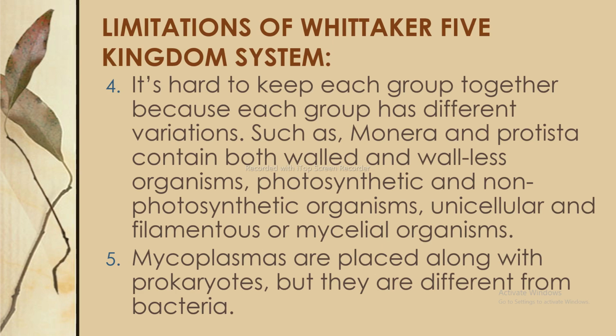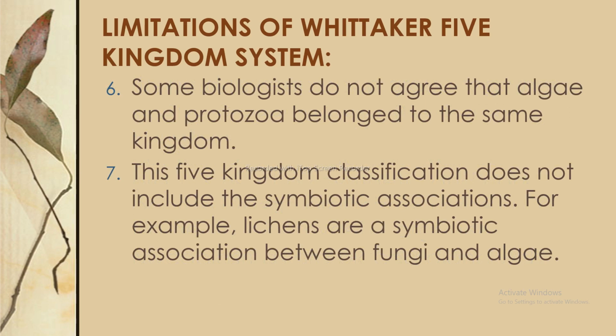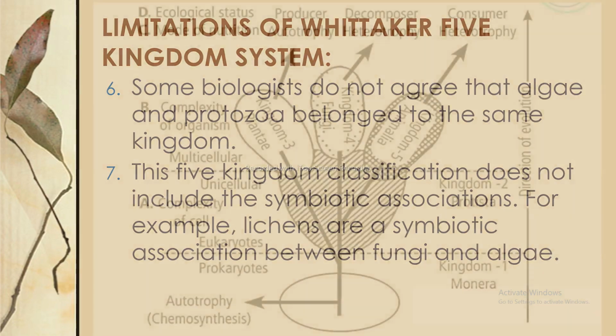Mycoplasmas are placed along with the prokaryotes, but they are different from bacteria. Some biologists do not agree that algae and protozoa belong to the same kingdom. This classification also doesn't include symbiotic associations. For example, lichens are a symbiotic association between fungi and algae.